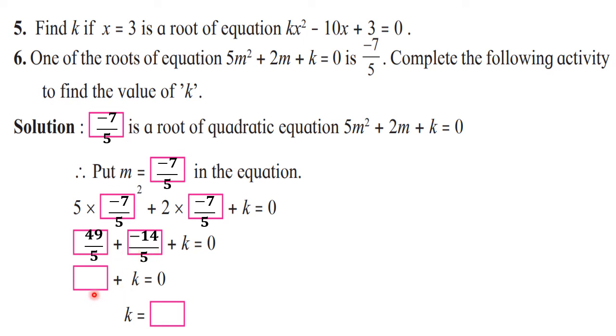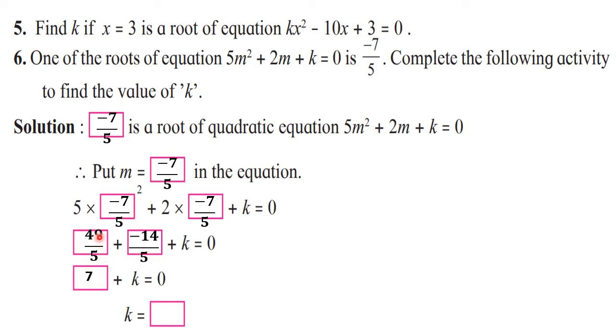Now in the next step, what you can observe here is again the empty box is provided. So again one term is missing here, or one step is missing here. So 49 minus 14, that is 35, and 35 divided by 5 is 7. So here you will get 7. Okay.